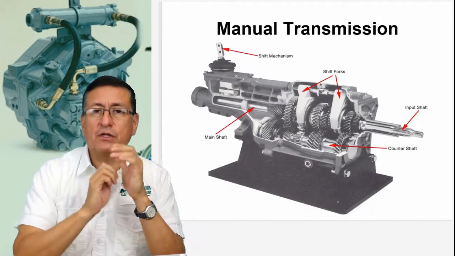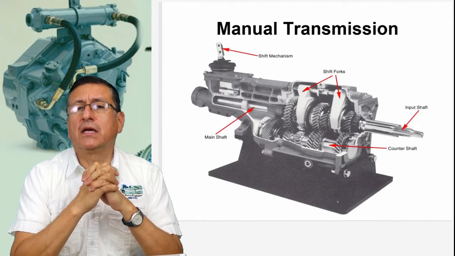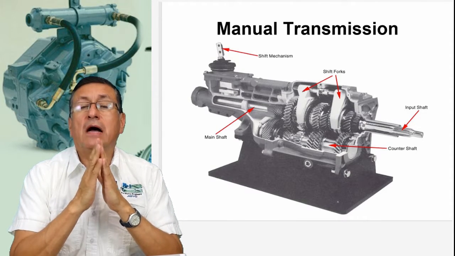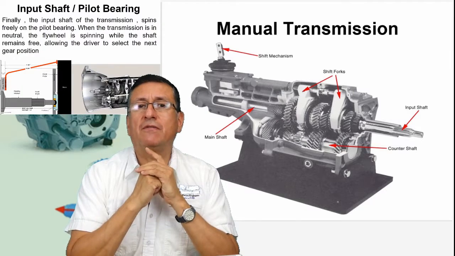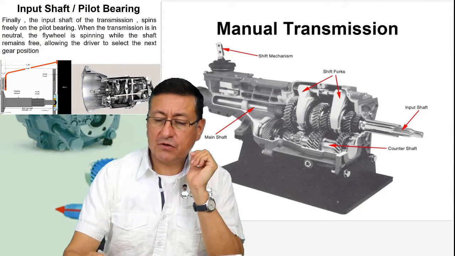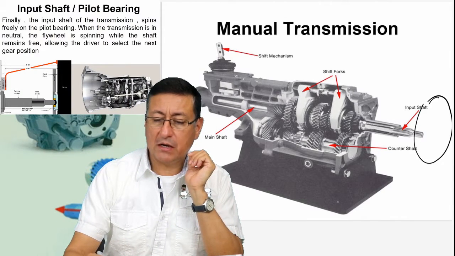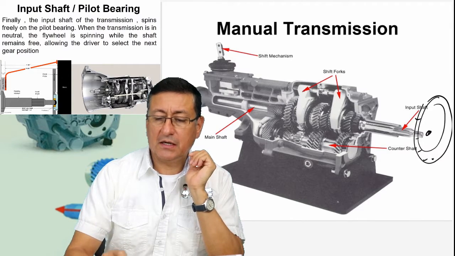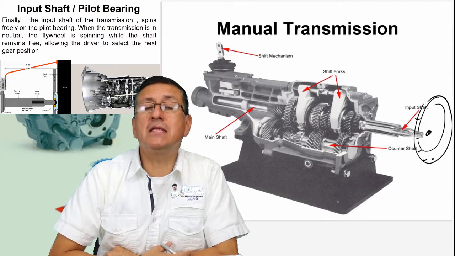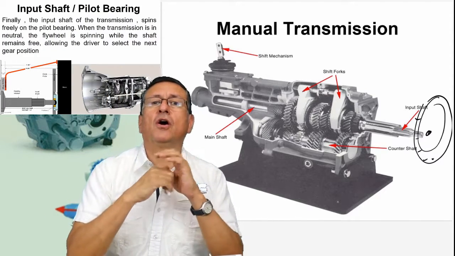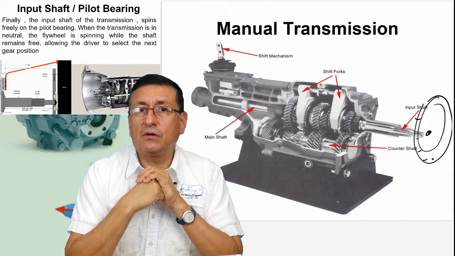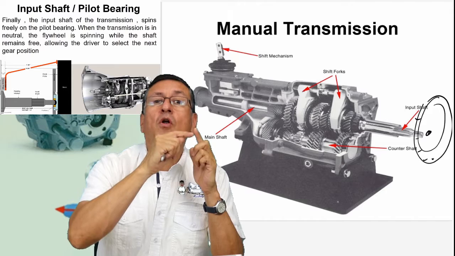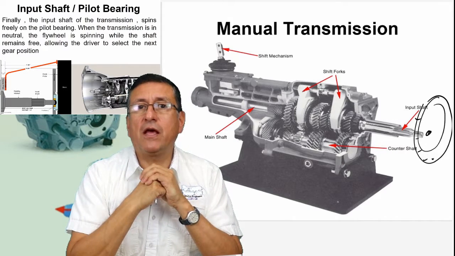All right, my friends, we are going to check the components of the manual transmission, but basically we have an input shaft. The input shaft of the transmission is connected with the flywheel of the engine. This is the flywheel. The input shaft of the transmission rests on the flywheel, because the input shaft enters a small bearing located in the flywheel.